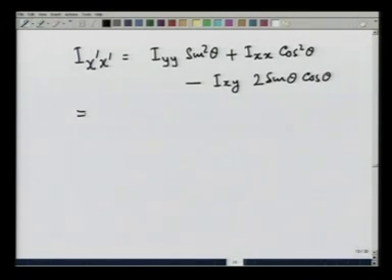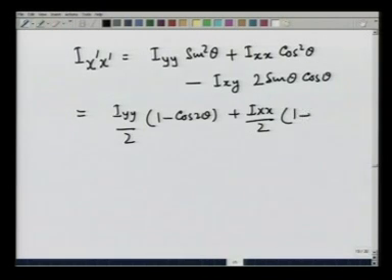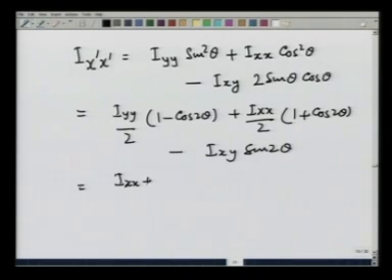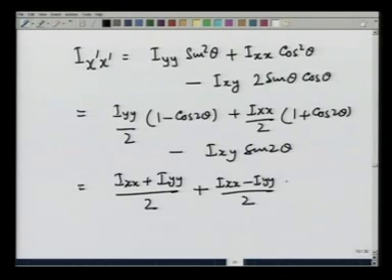which can be written as I y y divided by 2 times 1 minus cosine of 2 theta, plus I x x divided by 2 times 1 plus cosine of 2 theta, minus I x y sine of 2 theta, which is nothing but I x x plus I y y divided by 2 plus I x x minus I y y divided by 2 cosine of 2 theta minus I x y sine of 2 theta.